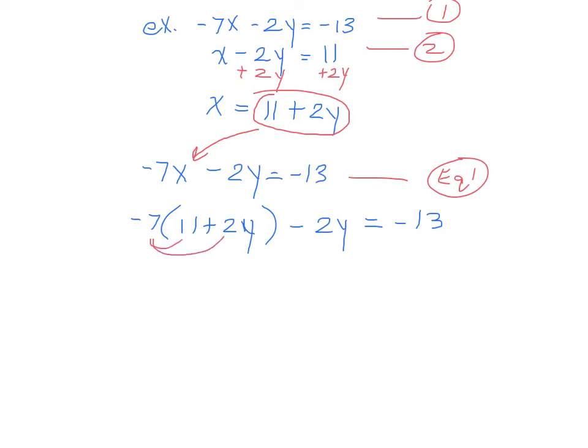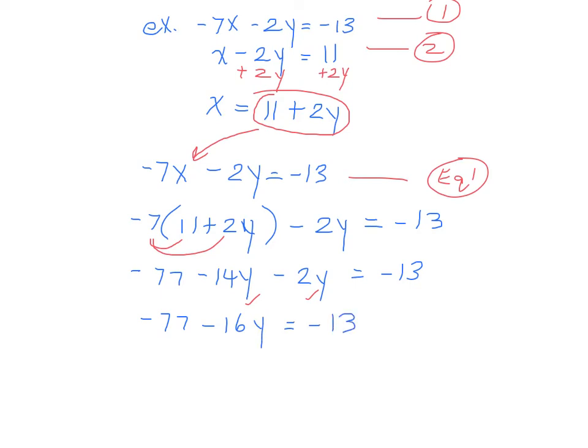So we can distribute our negative 7, and we get negative 77 minus 14y minus 2y equals negative 13. So now we can join our like terms, and we get negative 77 minus 16y equals negative 13.